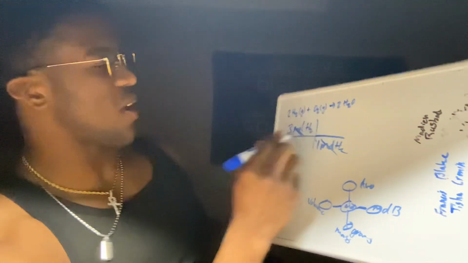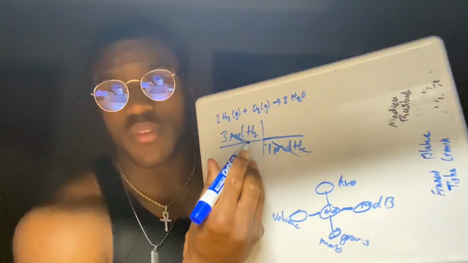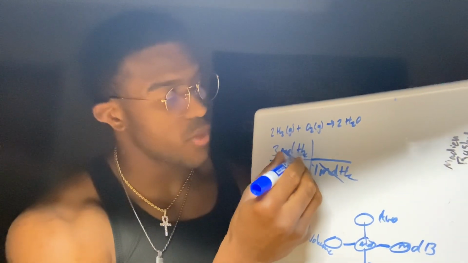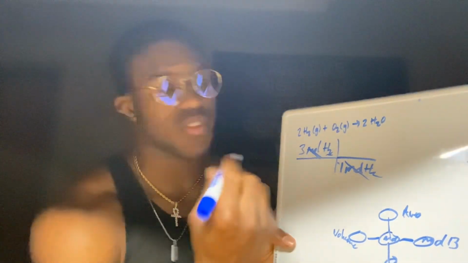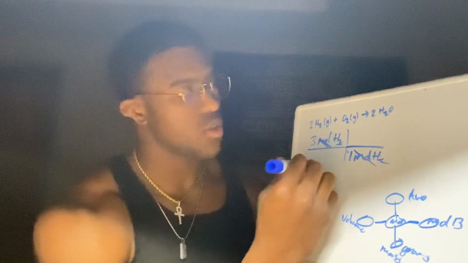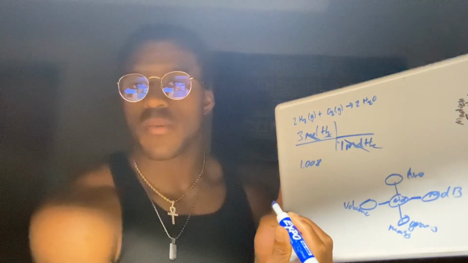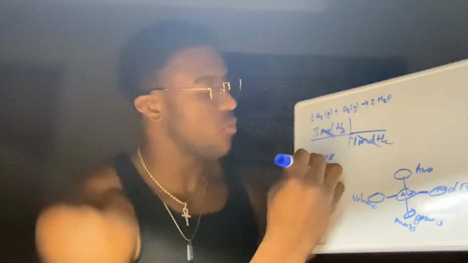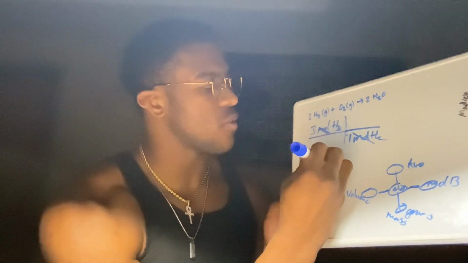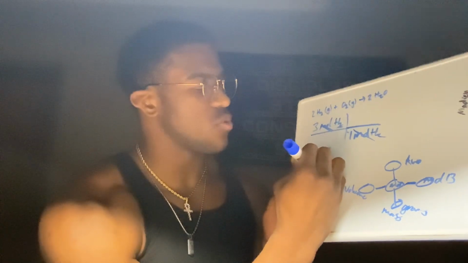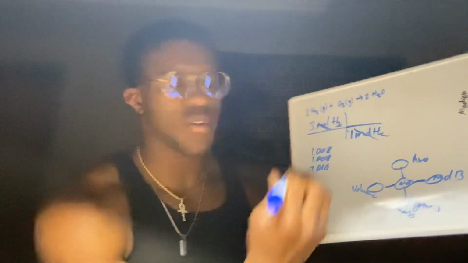So H2, don't forget, if you have 2 of them here, you have to do 2 H2s. So H is equal to 1.008, but you have 2 of them, so you're going to add another 1.008.